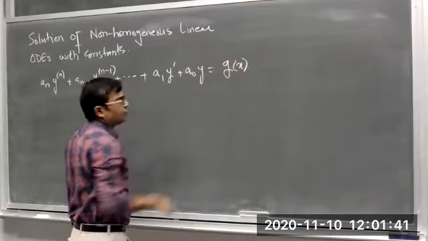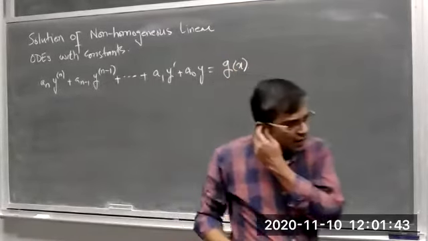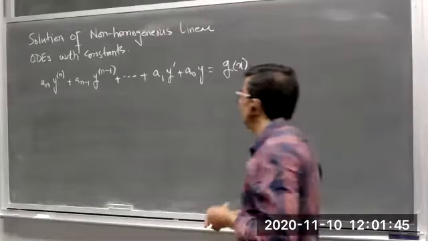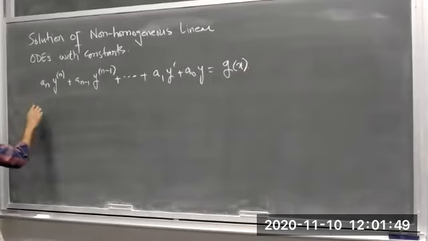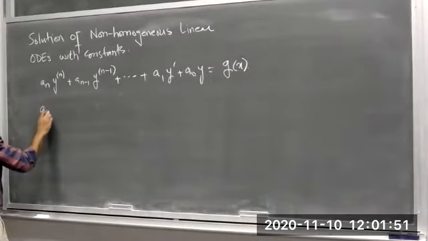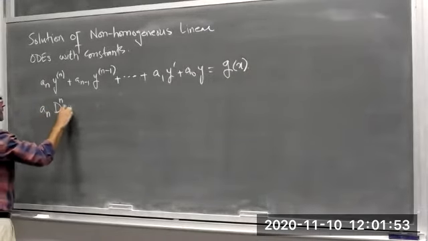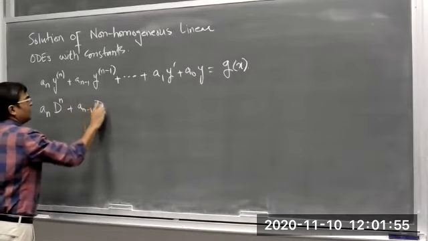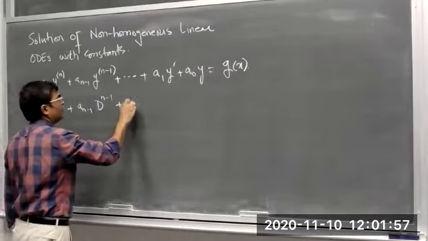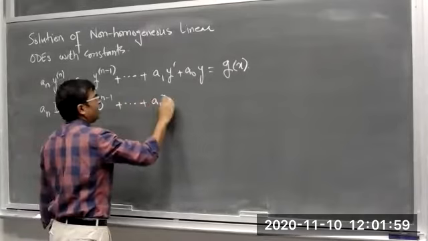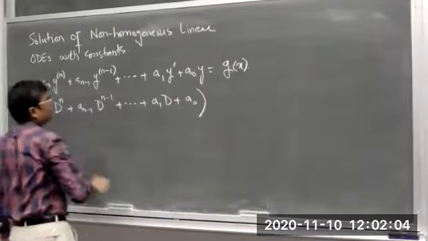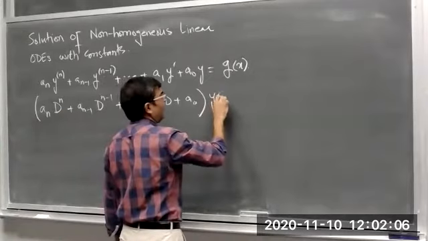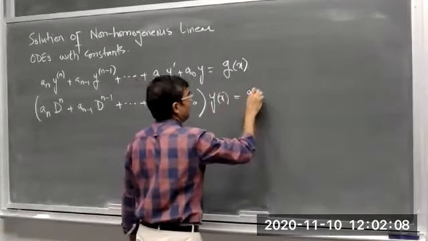Here g of x should not be 0 if this differential equation is non-homogeneous. This differential equation can be written in this form: (a_n D^n plus a_(n-1) D^(n-1) plus so on plus a_1 D plus a_0) times y of x is equal to g of x.